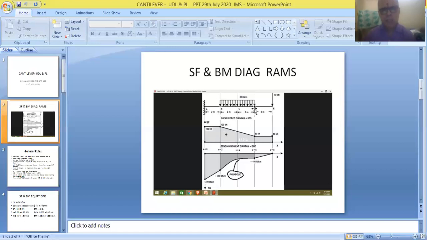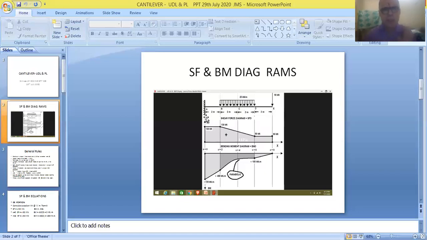And the distance between the end point of the UDL and the free end of the beam is also given as 2 meters. And the distance covered by the UDL is given as 4 meters. So friends, different letters are used for marking different points.